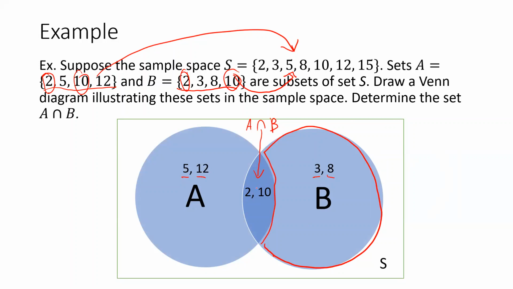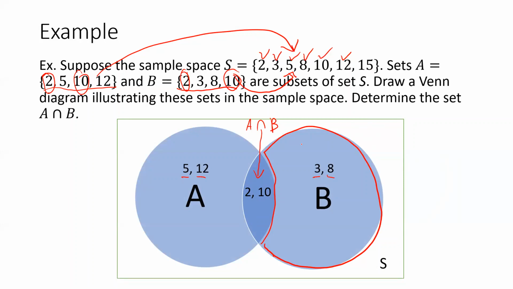And then, are there any other elements that we missed here in the sample space? Well, we have 2 covered, 3 is already there, 5 is there, 8 is there, 10 is there, and 12 is there. And then you're going to notice that 15 is in the sample space, but it's nowhere here. So where do we place it?